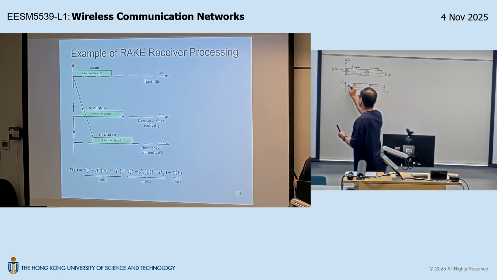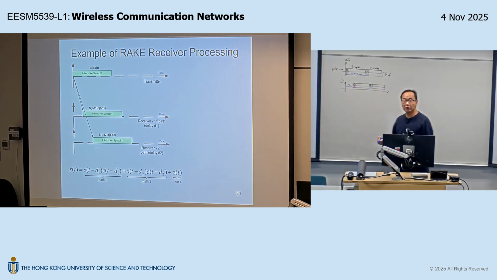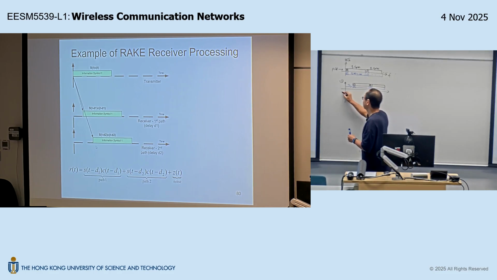And then there is a certain delay, tau 1, which the base station and the receiver don't know. And then this is the second path, and in the second path, this is the timing. This is a pilot channel. The black color represents the pilot channel, and the blue color represents the data channel.